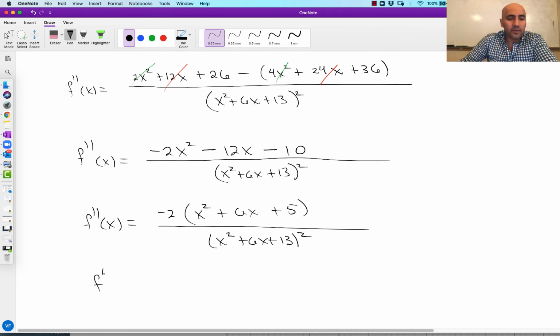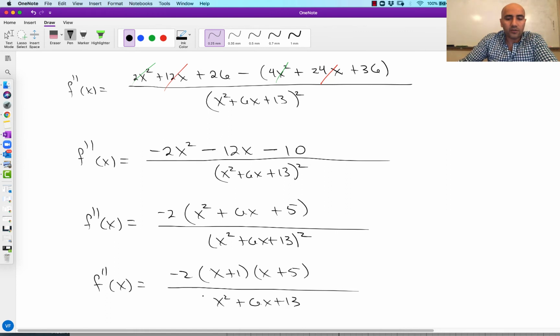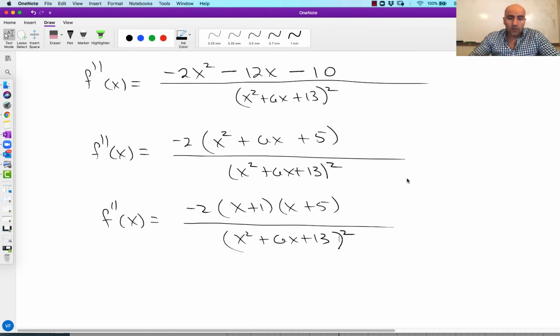Well, that's going to be f double prime of x equals negative 2 times x plus 1 times x plus 5, all over x squared plus 6x plus 13, all of that squared. Okay, so that was painful, but eventually we found our second derivative.